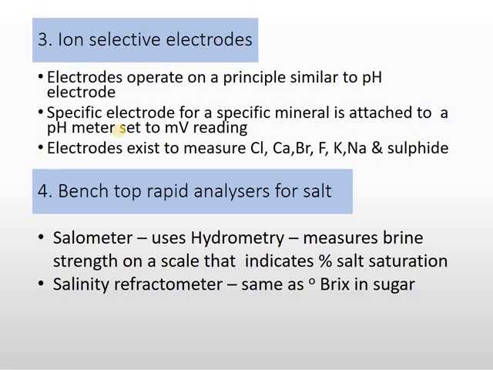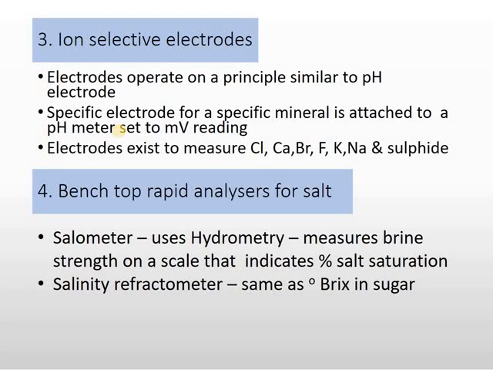Therefore, you can substitute the Volhard method, because that one is quite tedious, with the ion selective electrode. You can use it to measure your calcium, your bromine, your potassium, and your sodium. It's quite easy to use and much faster. This is usually what is used in industry, because you're not going to wait to boil the sample and do all that. We actually want rapid analysis.